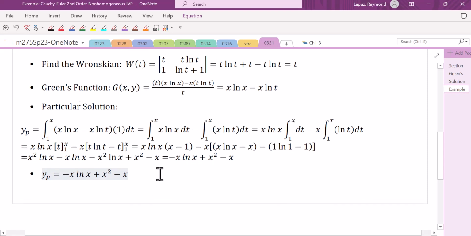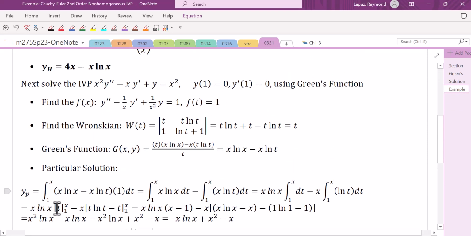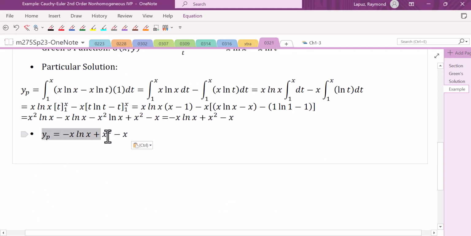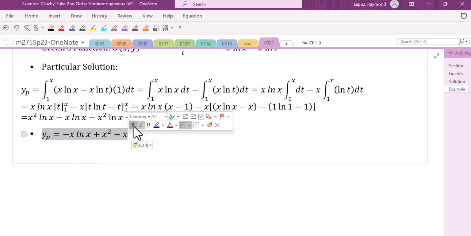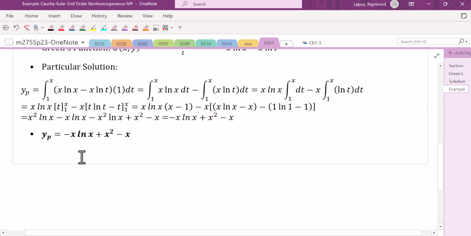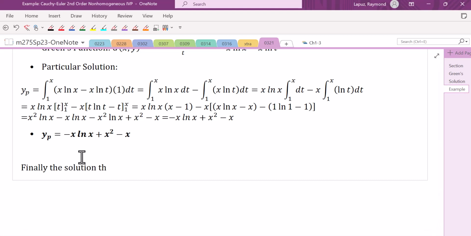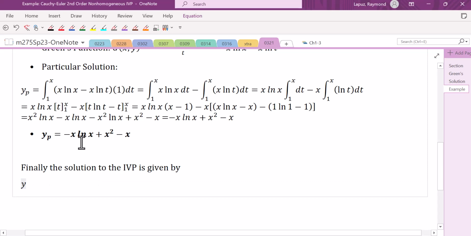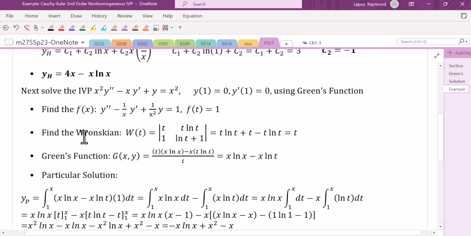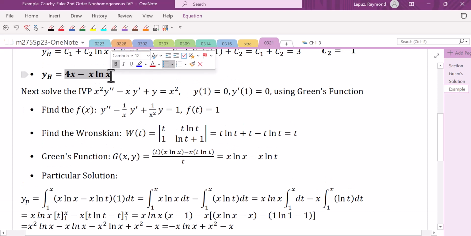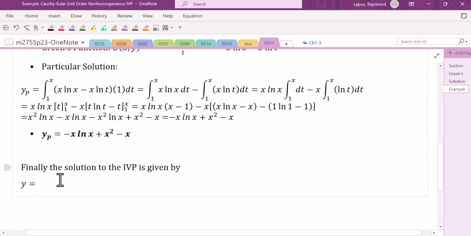Okay, now that we have that, we have the y sub h. So finally, the solution to the IVP is given by y equals 2, and then we can just take this solution for y sub h that we got, and then we can add on the solution that we got from here.